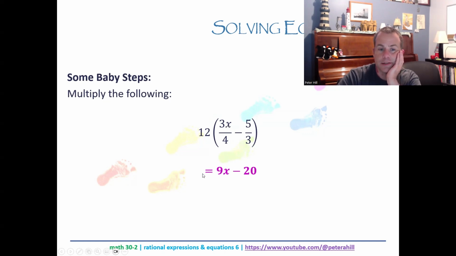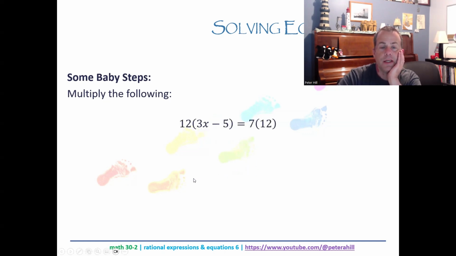Okay, so then if I had something like this, again, this isn't too complicated yet. You've been solving equations like this for a little while, but I'm going to distribute the 12. Oh, actually, do you know what? I'm not going to distribute the 12, because I just noticed I'm multiplying by 12 on the other side too.